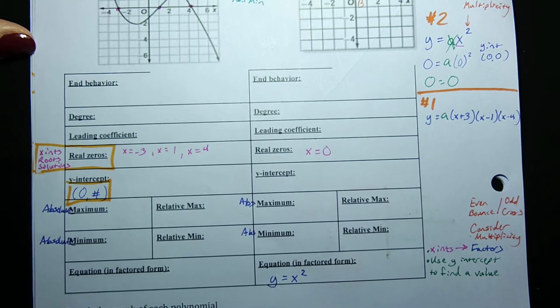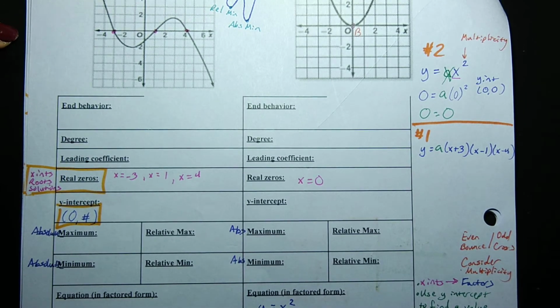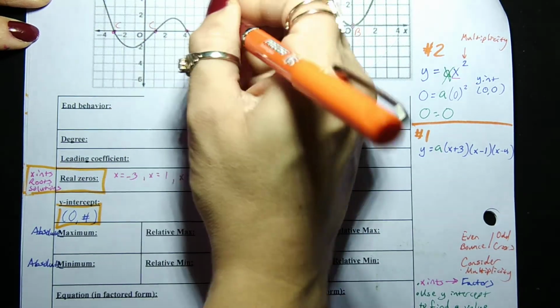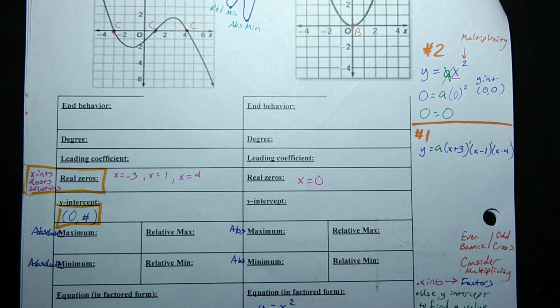Now we consider multiplicity. How is my graph behaving at each of those roots? It's crossing at each of those. So we can go ahead and just use a multiplicity of 1. So now to find our a value, we're going to use our y-intercept.